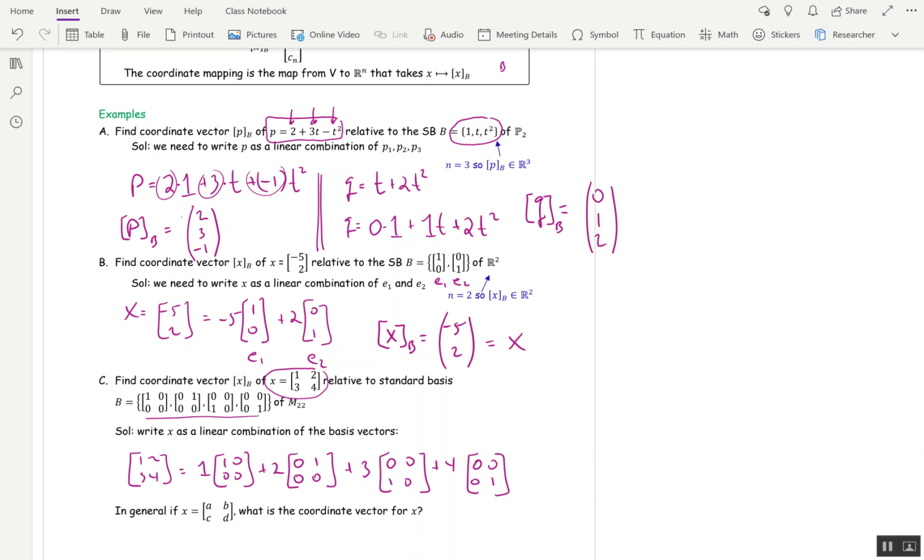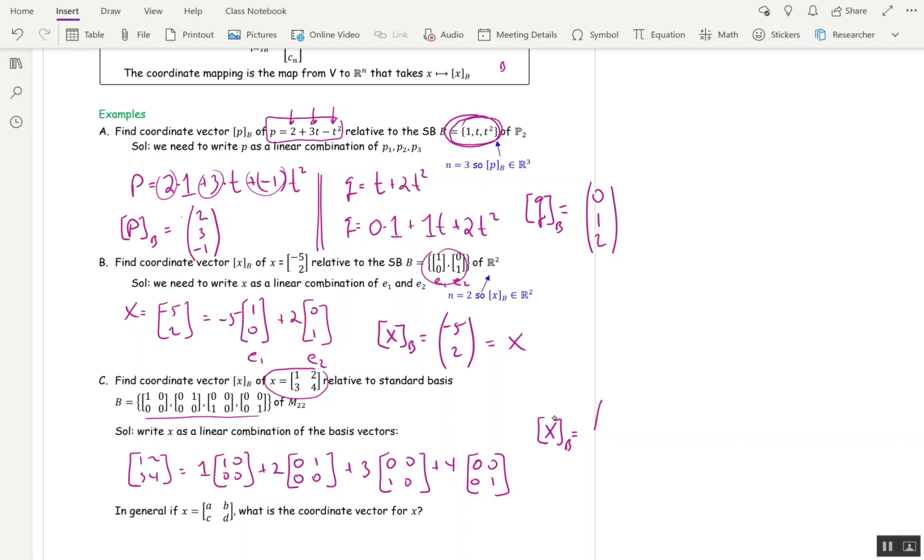So x sub b actually lives in R4. All right, if there's 4 basis elements, x sub b will be in R4. If there's 2 basis elements, x sub b will be in R2. If there's 3 basis elements, like our first example, x sub b will be in R3.